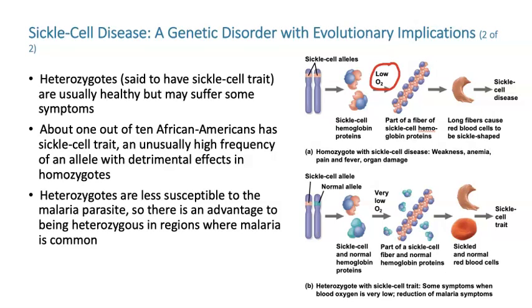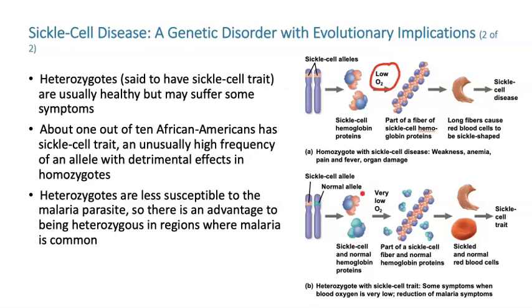When oxygen is low, part of the hemoglobin fiber protein causes the whole red blood cell to turn into the sickle shape. If you're heterozygous, half of the hemoglobin that you make is going to be sickle cell and half is going to be normal hemoglobin.